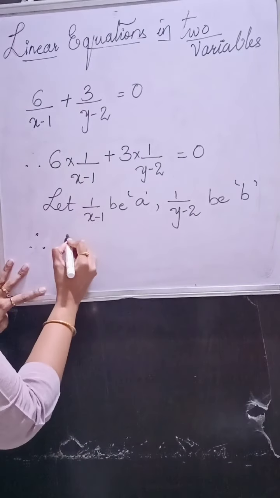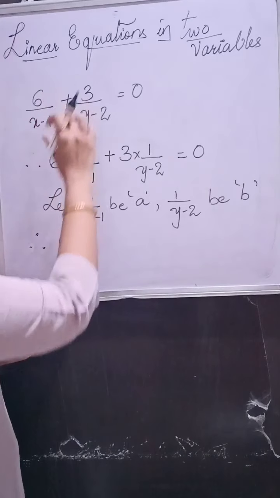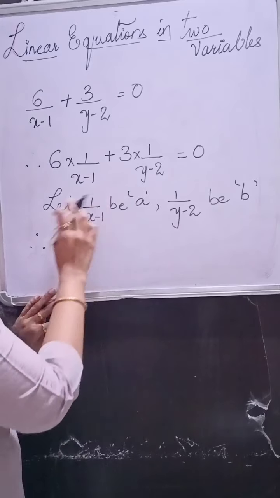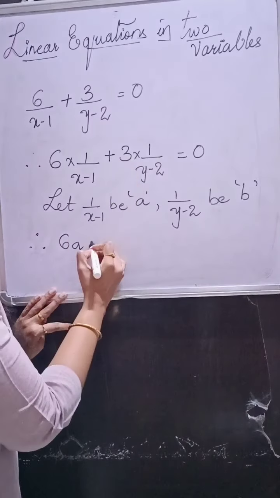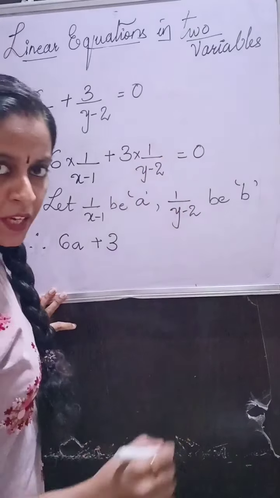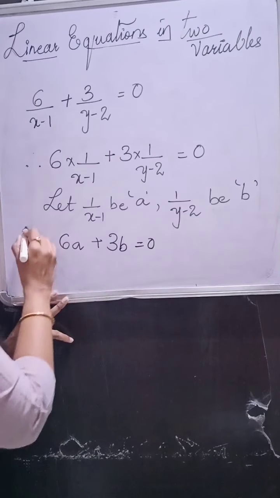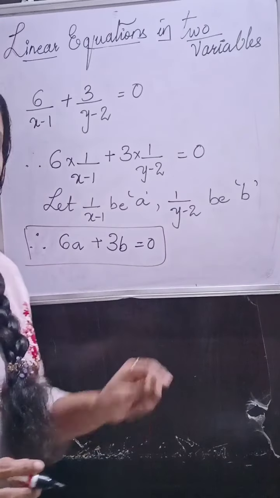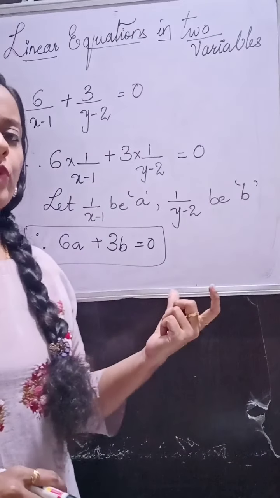This will be 6 as it is. 1 upon x minus 1 will be converted into a. So this whole part will be a, plus 3 into 1 upon y minus 2, which is b, is equal to 0. So again we converted a non-linear equation into a linear equation with two variables.